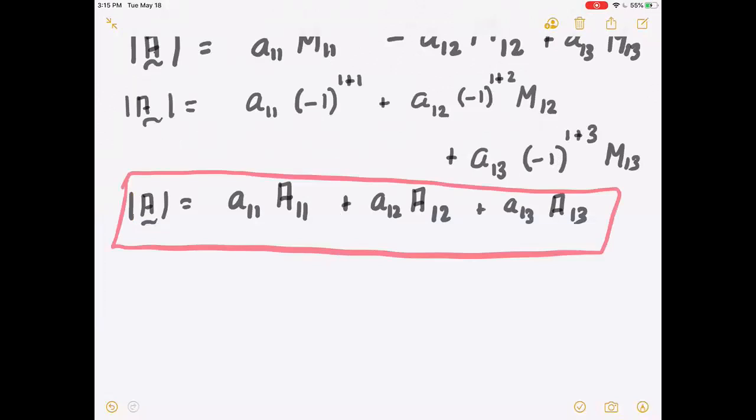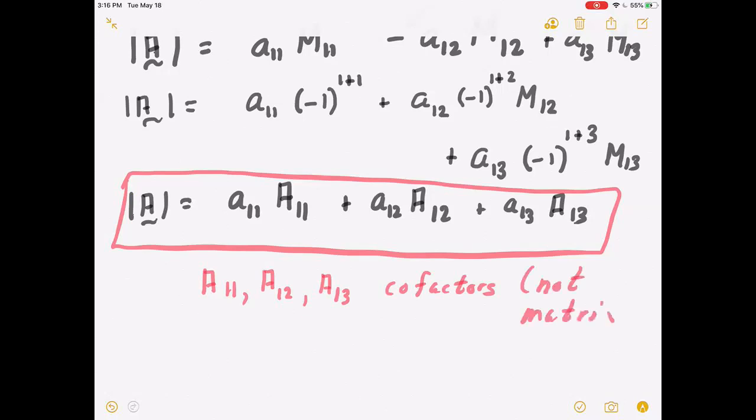So I need some definitions here. I will call a sub 1,1, a sub 1,2, and a sub 1,3 cofactors. These are not matrix elements. That's important. The way I can distinguish between the two: matrix elements are lowercase letters and cofactors are uppercase letters.